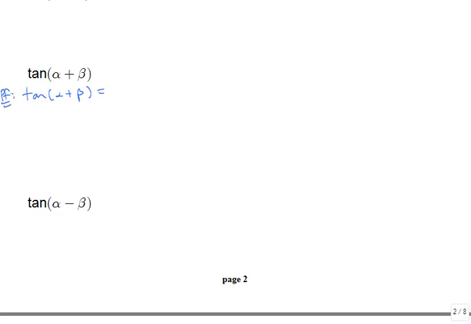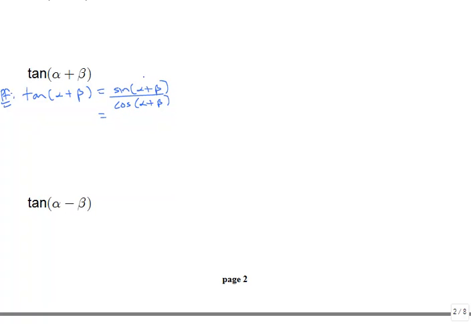So first thing I might do is change tangent to sine over cosine. So tangent of this whole sum becomes sine of this whole sum over cosine of this whole sum. And then what we can do is now use these new sum formulas that we've learned for sine and cosine. We've already proved what they are, so let's use them.